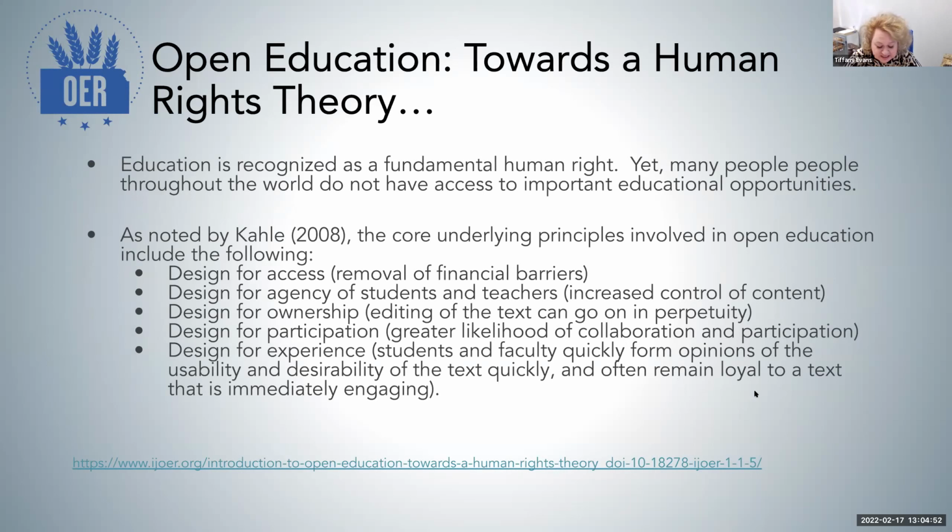Design for agency, so both the teacher and the student have increased control in the content. And it's amazing, I have found in my own experience, how much students want to be part of the contribution to the content. Also, design for ownership. You can edit constantly if you wish, and that text can go on in perpetuity, which is actually really exciting.